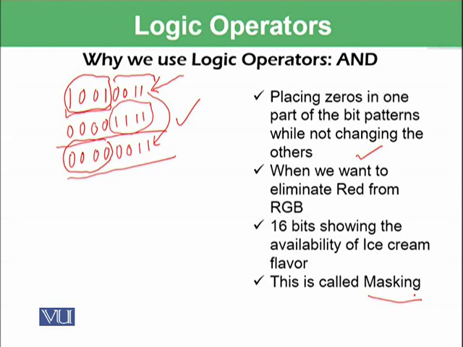We can also perform such things when, for example, there are 16 bits showing the availability of ice cream flavors. Let's make it a smaller example of 8 bits, like 1 0 1 0 1 1 0 0, numbered 1 2 3 4 5 6 7 8. Suppose these 8 bits represent which flavor of ice cream is available at the moment. 1 shows that it is available, 0 shows that it is not available.